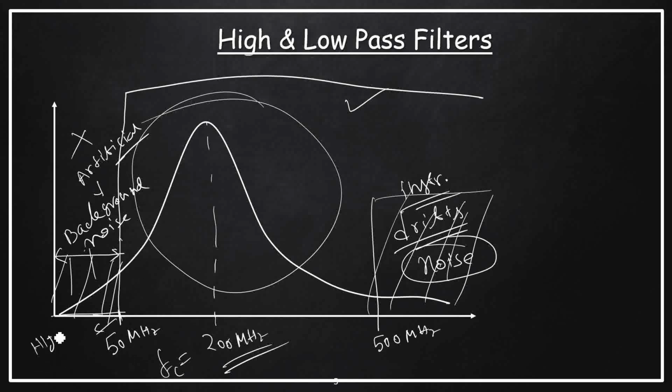So high frequency signal will be passed through this filter. If I only apply this filter, this will give you only the high pass, or high frequencies greater than 50 megahertz. That's why this filter will be called a high pass filter. So this is the high pass filter.